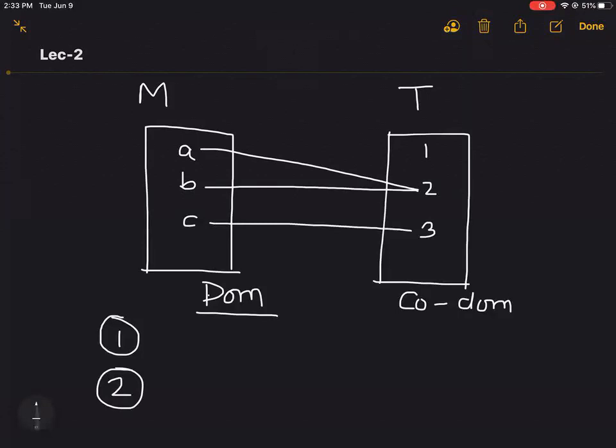Okay, so that's the first case. More than one element, as you can see here, is somehow related to the same element in the codomain. And we'll say that if that's the case, that is a function.